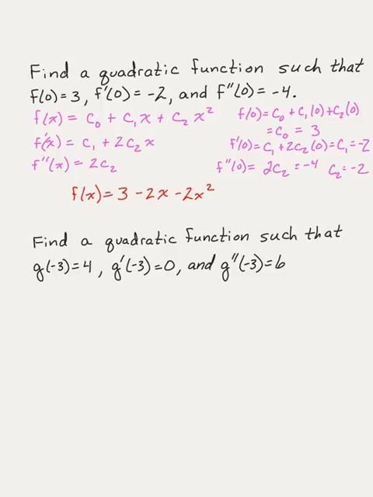So we were able to build our polynomial based upon a few things. We were given what the function at 0 was, the derivative at 0, and the second derivative at 0. By knowing these three things, we were able to put together a quadratic equation that satisfies that information.